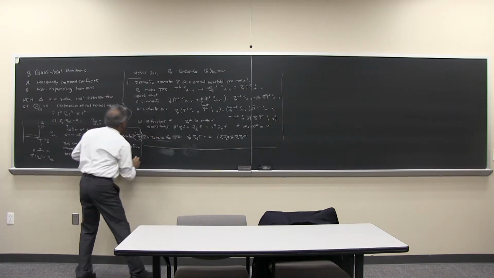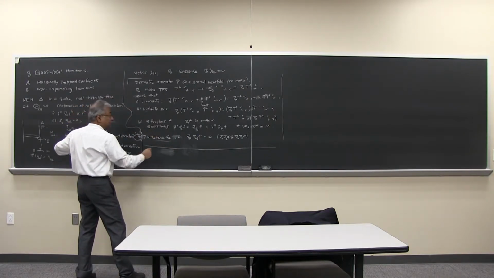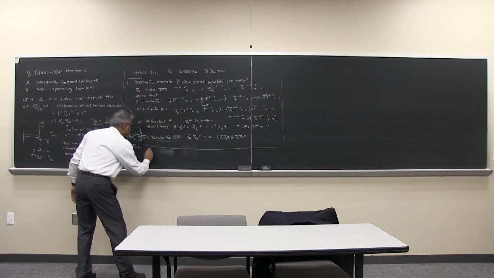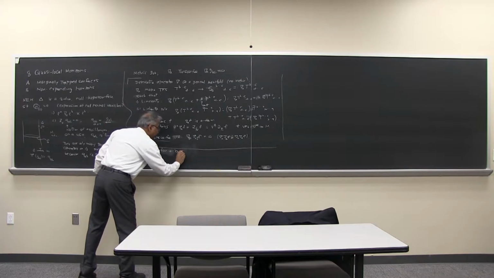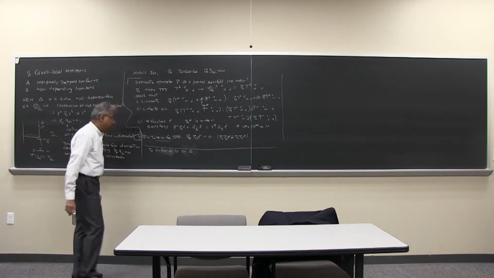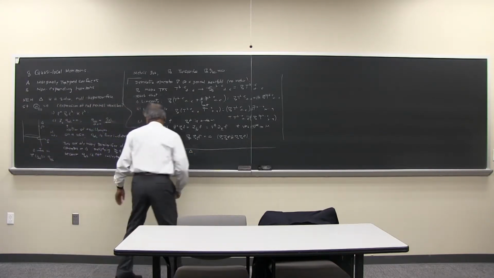So now we come back to this original problem after this detour, and then we say that, well, to define a D on our manifold delta, what we need is the following.